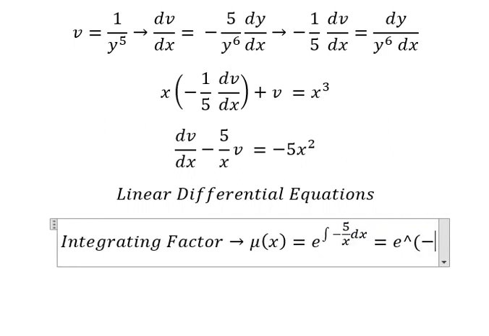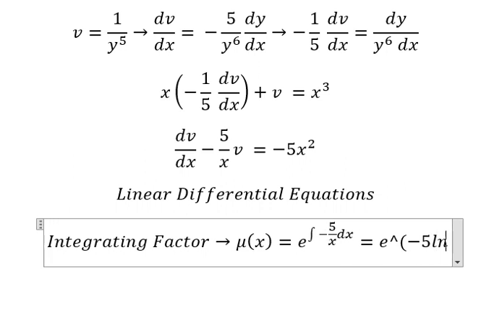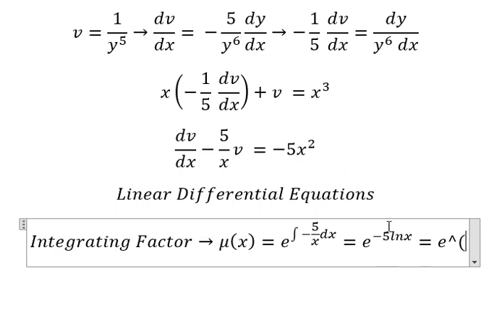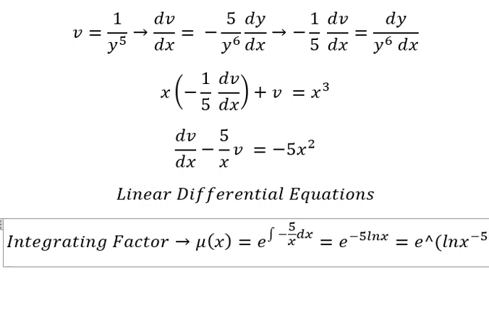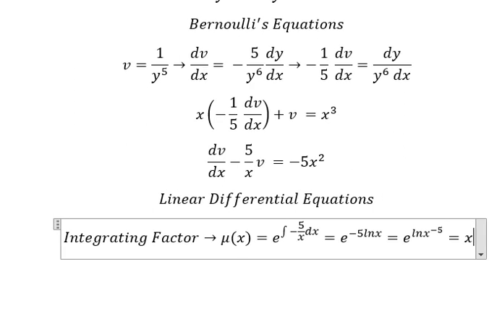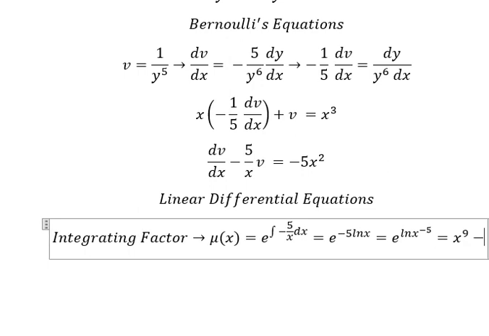The integration of this one gives negative 5 ln x, and then negative 5 goes inside the natural log here. And this one we simplify, and we have x to the power of negative 5.